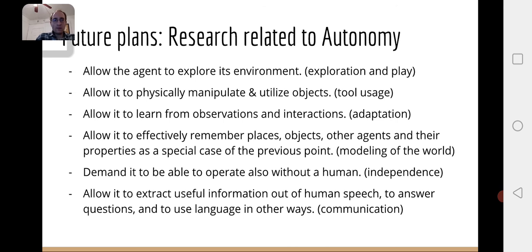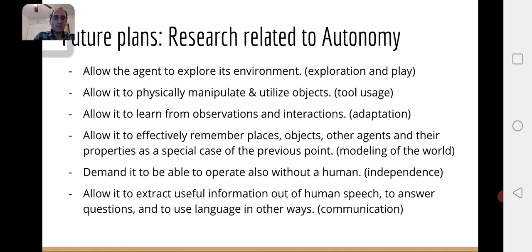With all this in mind, I can say that overall my research focus has changed from making non-axiomatic reasoning practical to maximize autonomy beyond the state of the art. I want to perform research related to autonomy in the future, which also includes aspects which I only briefly explored so far.